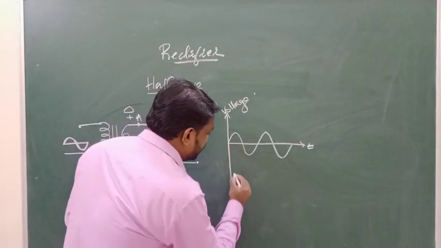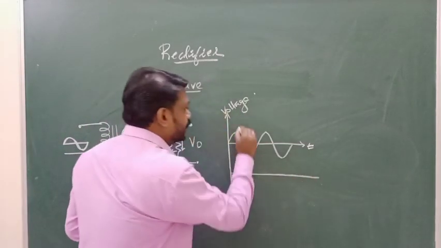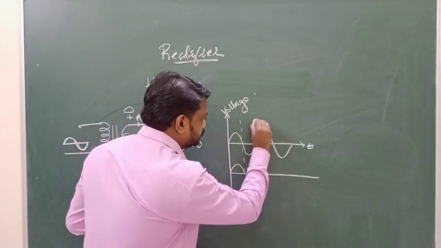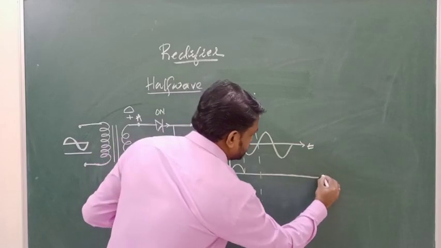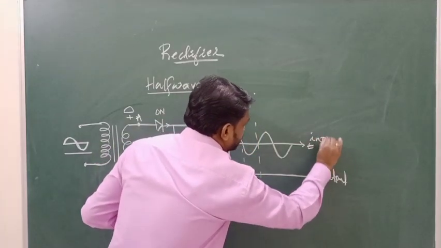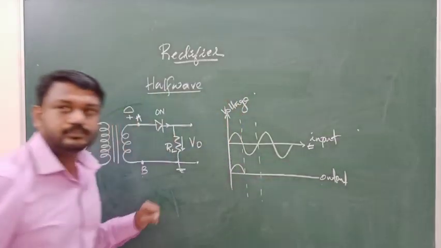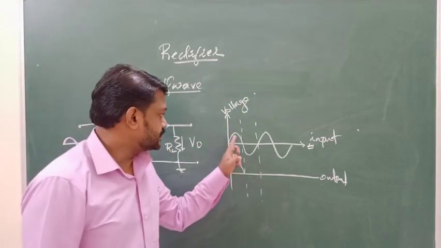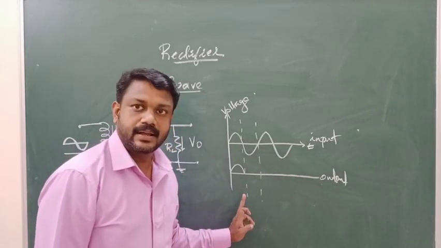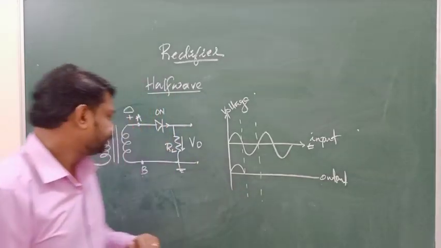So this is your input and during the positive half cycle you are getting output. So this is output and this is input. For the positive half cycle of AC input you are getting an output across the load resistance RL.